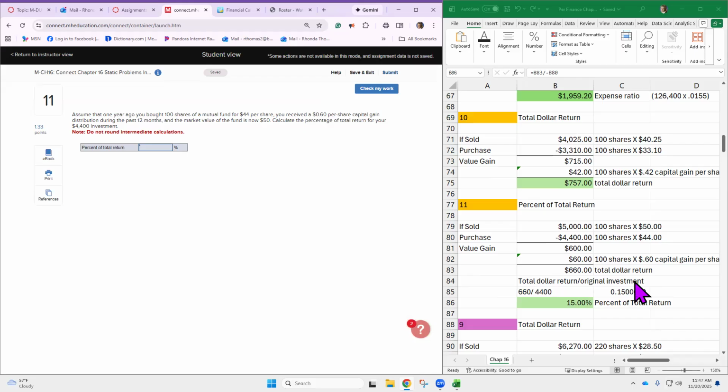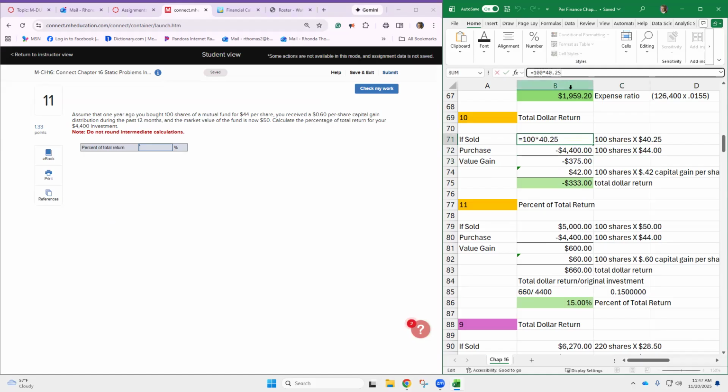And now let me just go ahead and plug this in again, because this is a different problem. So one more time, we bought 100 shares at $44 apiece of this mutual fund. Then we sold them, or the value of the sale, even though we didn't really sell them, is $5,000.